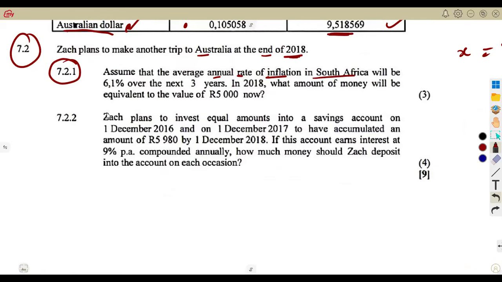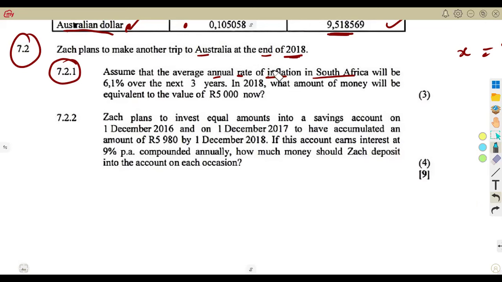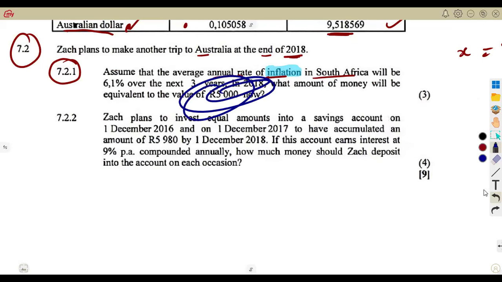Assume that the average annual rate of inflation. The moment you hear inflation, you're supposed to know what you are working with in terms of your calculations. Whatever you're going to do here, is it going to be calculated under simple interest or under the compound interest formula?